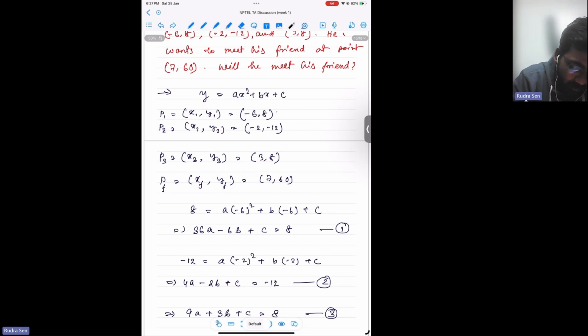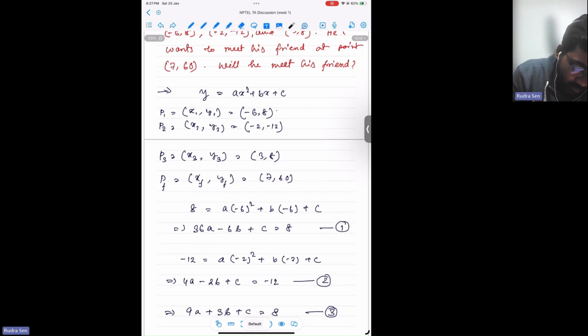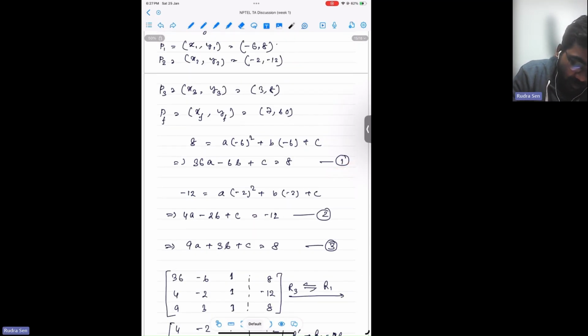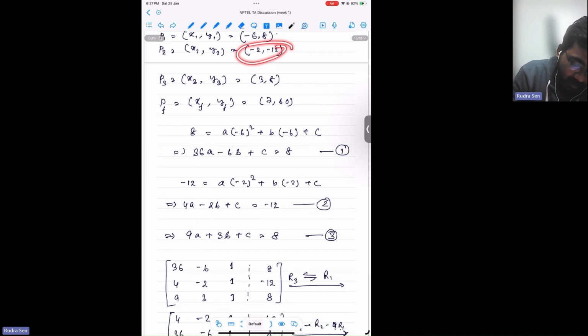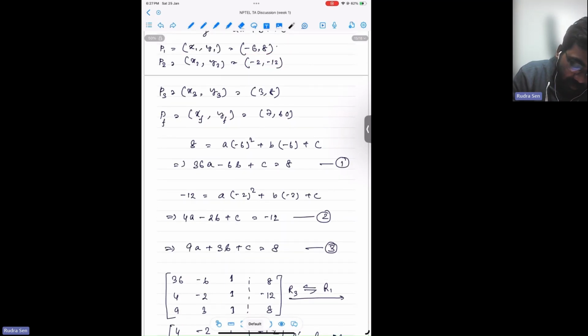So here basically we need to put the values of x and y over here. We'll get this first equation. Put the values of x and y of the first point, we get this equation. Put the values of x and y in that path equation, we get the second equation.